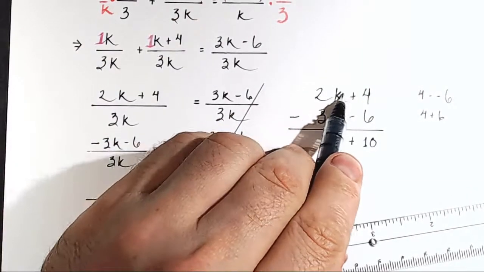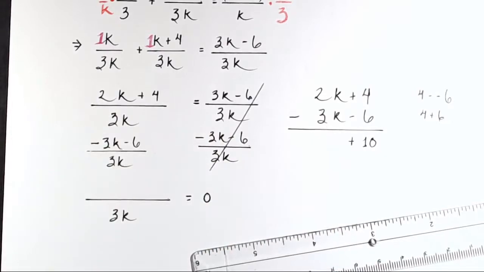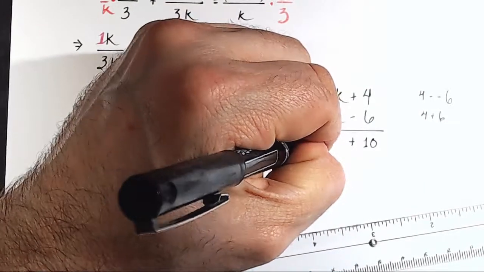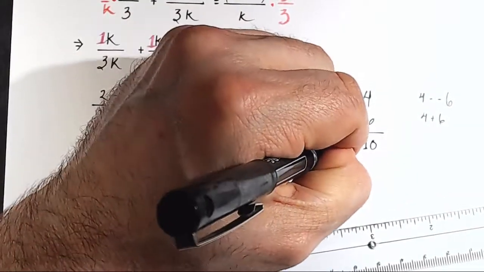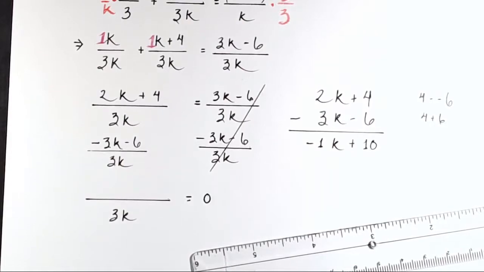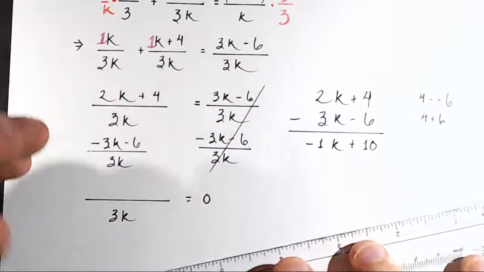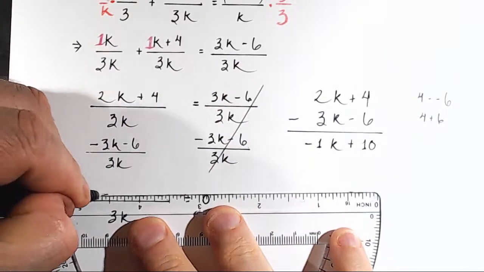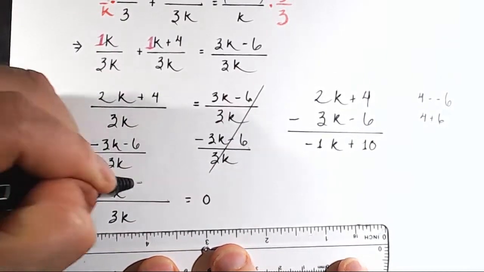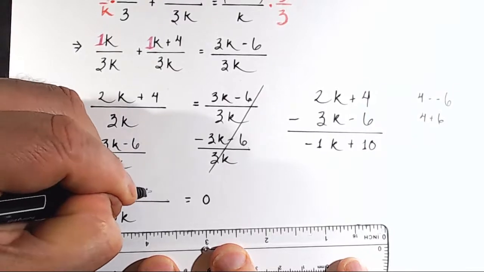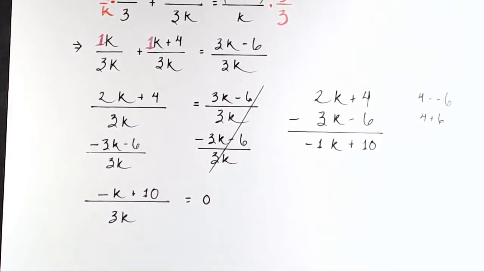Now we do 2k minus 3k. Well, that would just be negative 1k, which is just negative k. So we can simplify this to say negative k plus 10. And now what do we do?